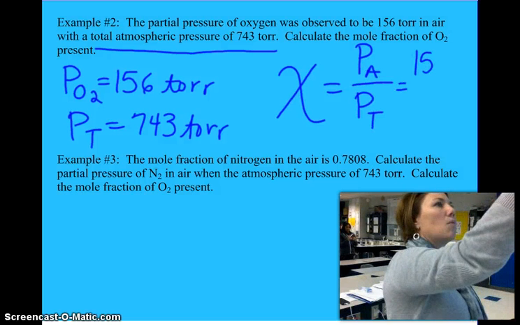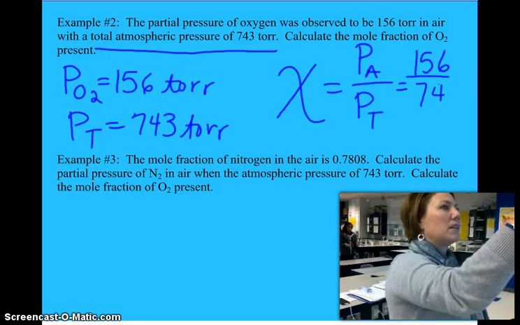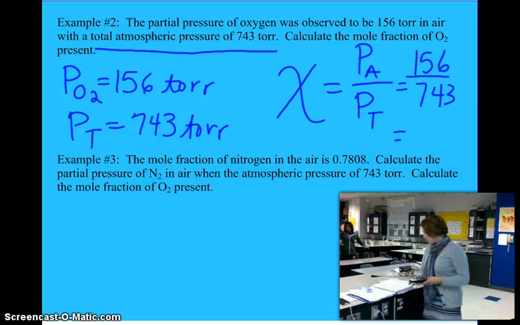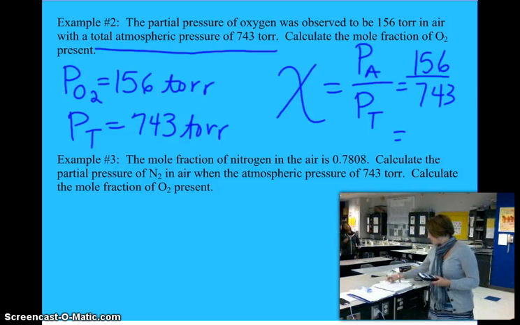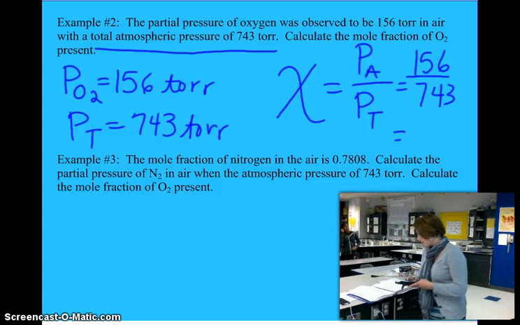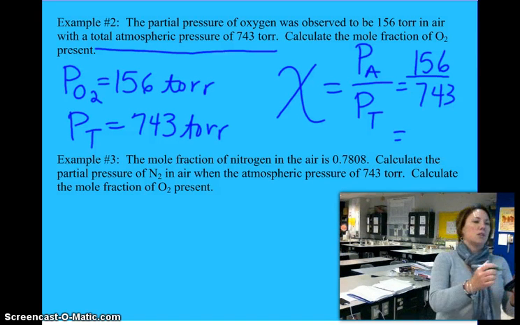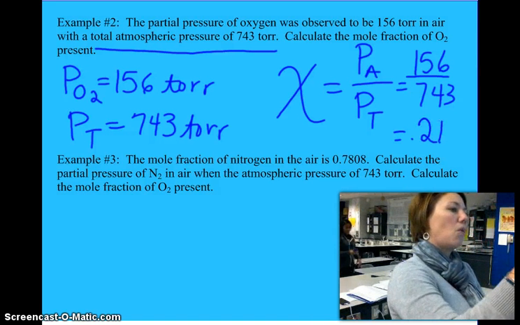So we can take 156 and divide it by 743. So 156 divided by 743, which is 0.210.